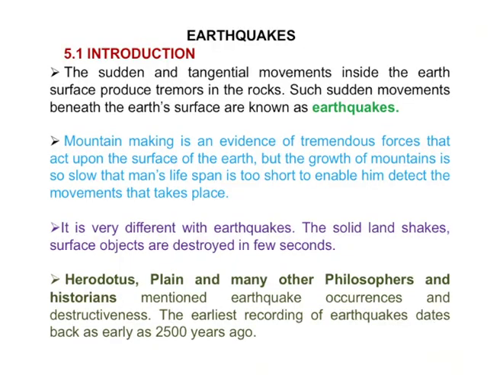Let us see. The sudden and tangential movements which occur inside the earth and at the earth's surface produce tremors in rocks. That means sudden movements and shaking occur within the earth's crust.